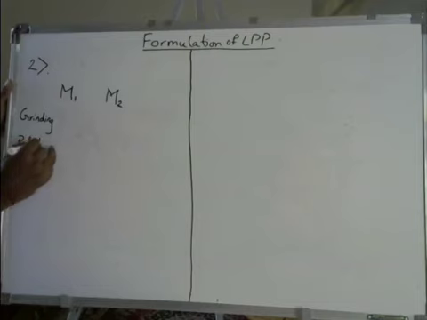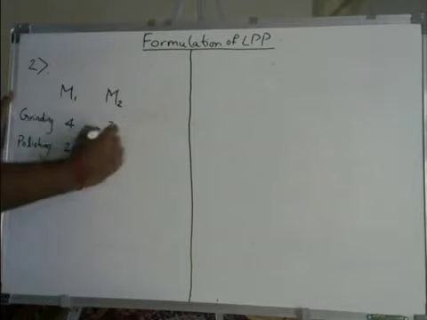Now, each of these products requires grinding and polishing. So there is a process of grinding and polishing. As you have seen in the problem, M1 requires 4 hours of grinding and 2 hours of polishing here.